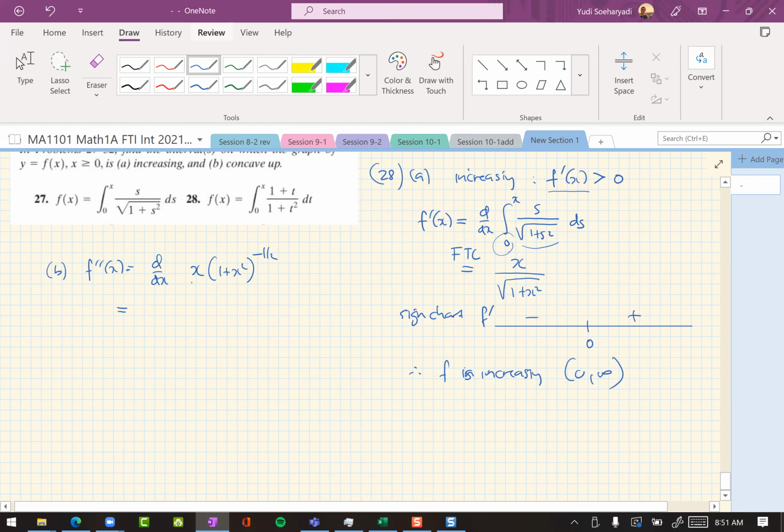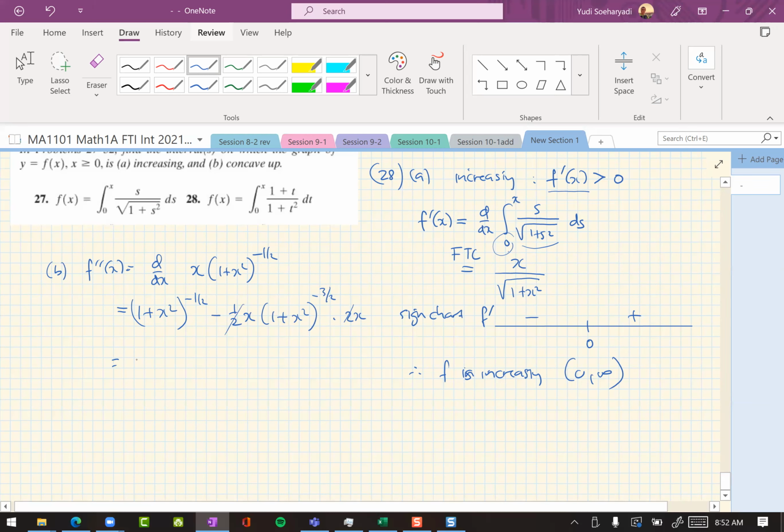So the derivative of this is 1 times this, times x times the derivative of this one. So it becomes x plus x squared. Reduce the power by 1. Multiply by the derivative of x squared, which is 2x. Okay, so that's x squared.